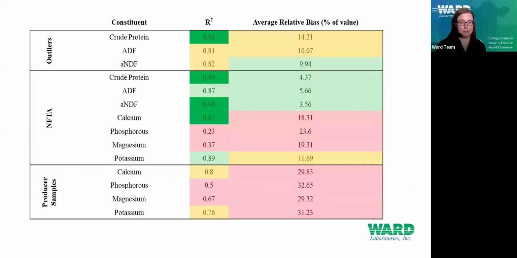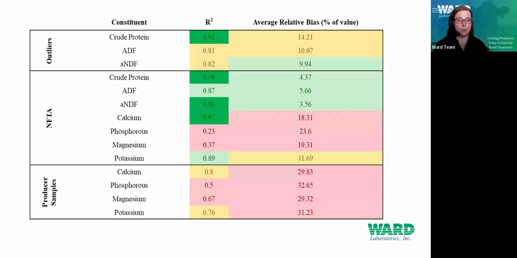So just to kind of drive this point home, on the top of the chart, we've got our outliers. These are samples that scanned by NIR, and they were identified to be samples that don't fit within that library or that calibration data set. Because of that, at our lab, we guarantee accurate, reliable data. So we run crude protein, ADF, and NDF at no charge to our customers.